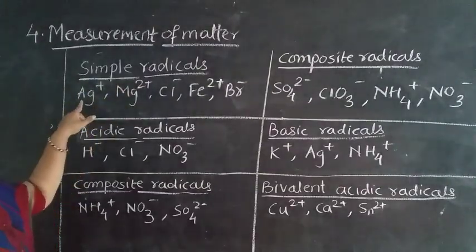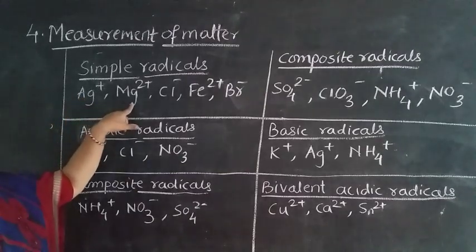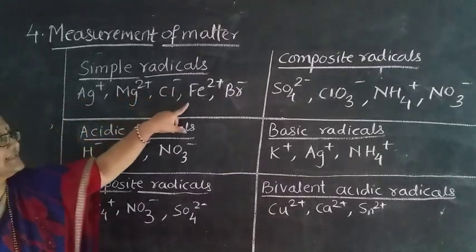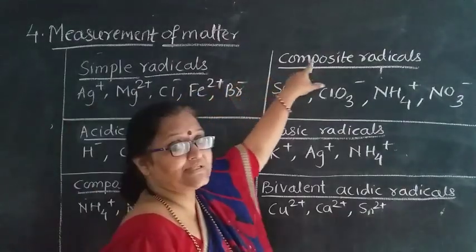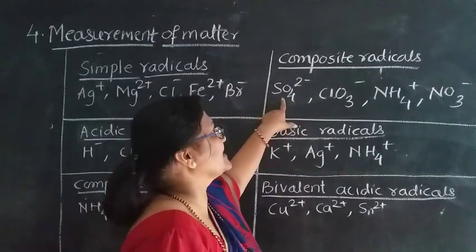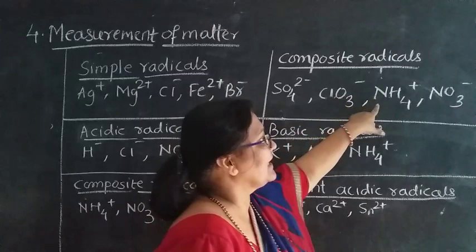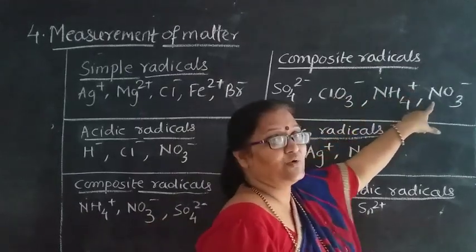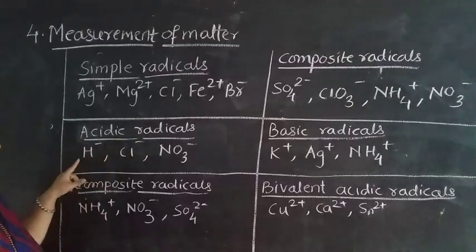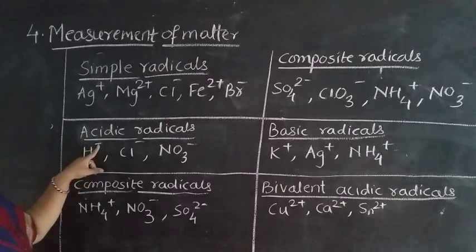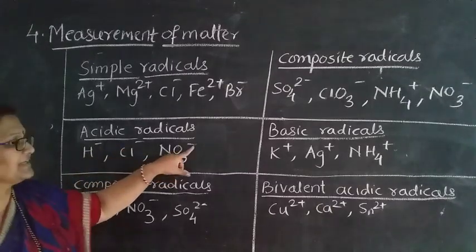Simple radicals. Which are the simple radicals here? Hg+, Mg2+, Cl-, Fe2+ and Br-. Composite radicals are SO4 2-, ClO3-, NH4+, NO3-. Then acidic radicals are H-, Cl-, NO3-.